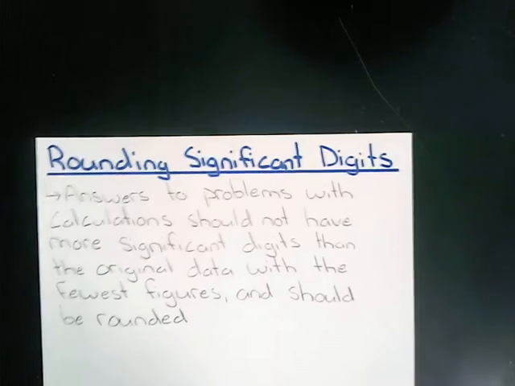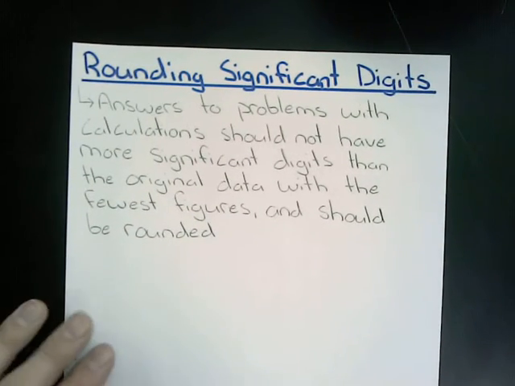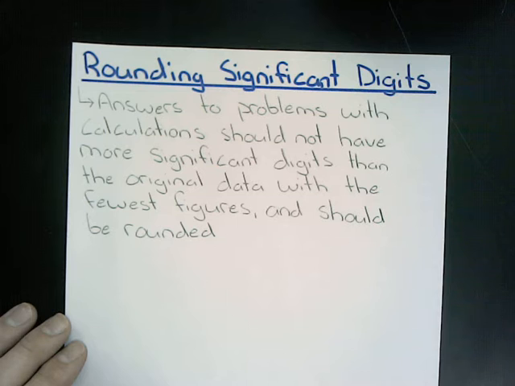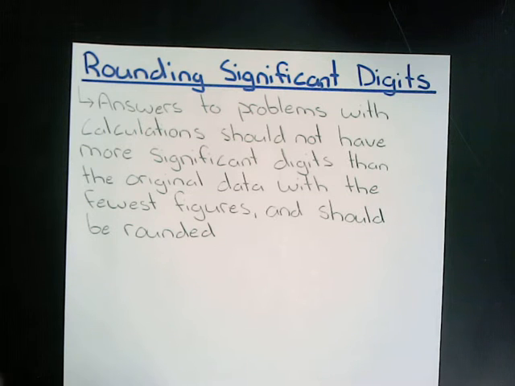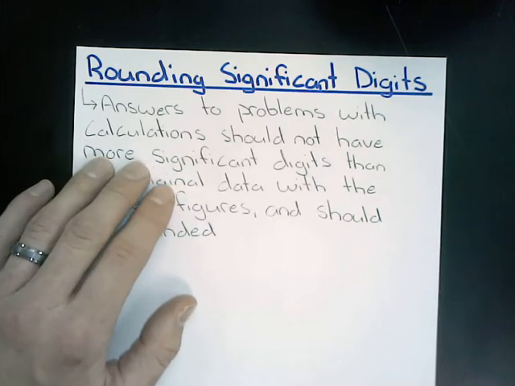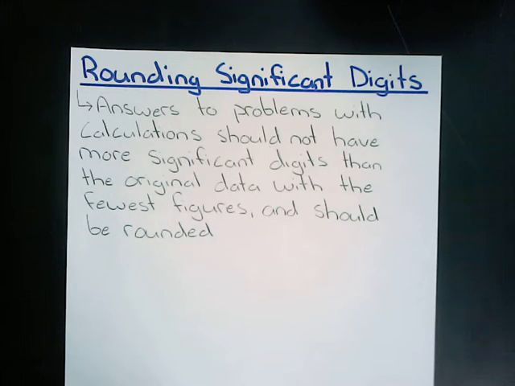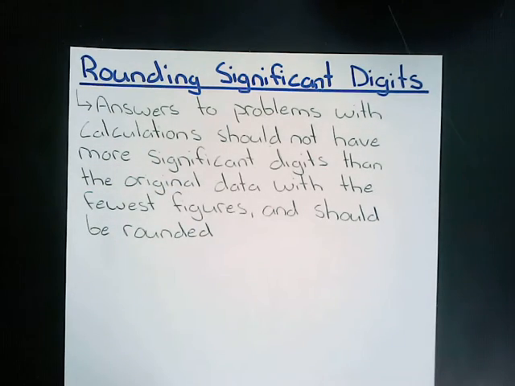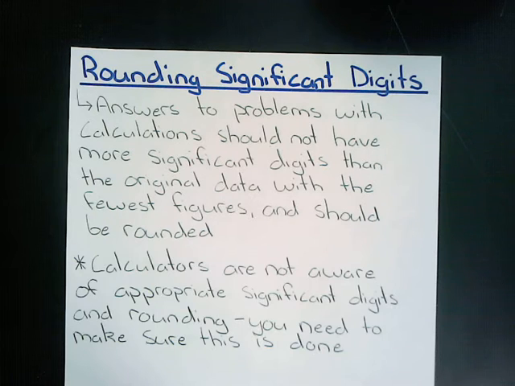Now, that's a lot to take in, but another thing to note is that when you punch these numbers into your calculators, they aren't aware of these rounding rules or of significant digits. You need to be the one that rounds it and puts the appropriate number of significant digits. Okay, so we're going to step into some more rules for rounding that we have in our rules about significant digits.